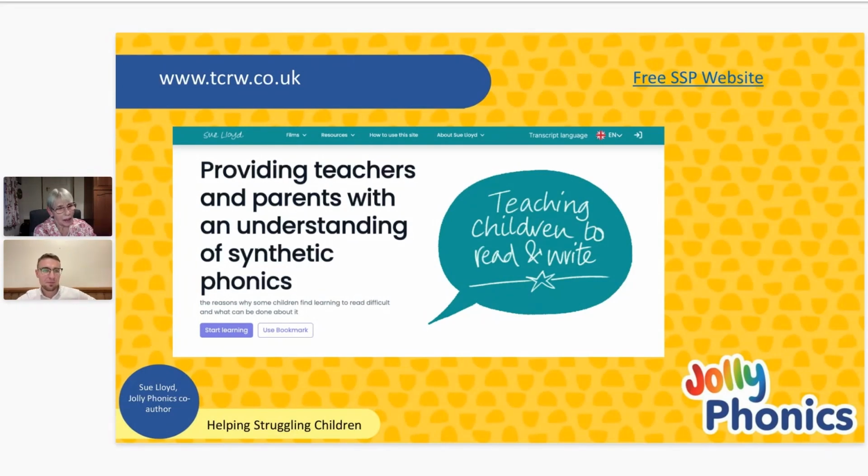They can do the decoding and the encoding, and they can write words. If it's English speaking in the class, they will gradually pick up the English. If not, then you have to do much more language development. We've got Jolly English, and that is very useful for developing the language skills.